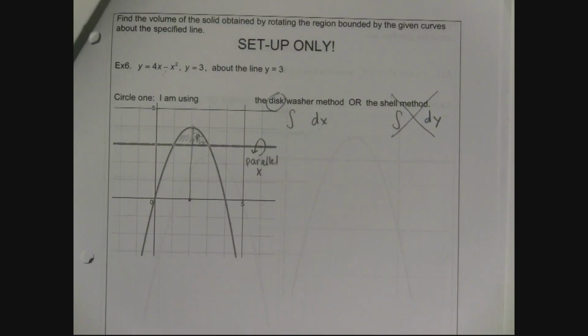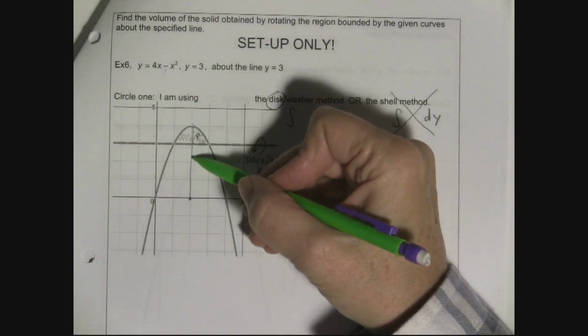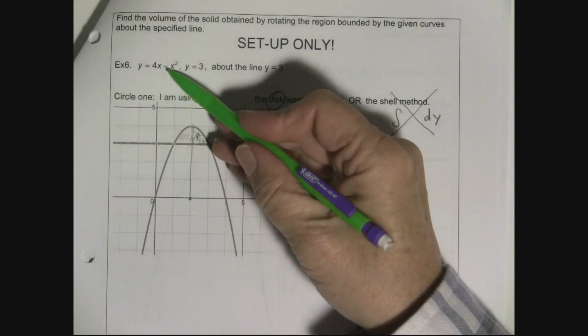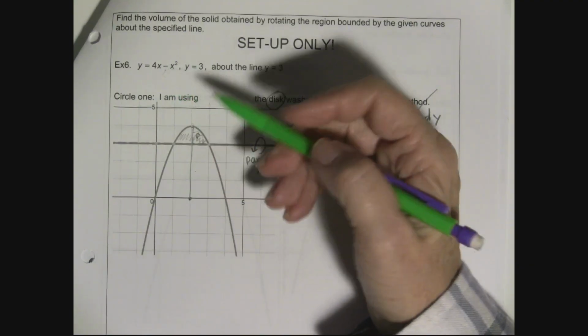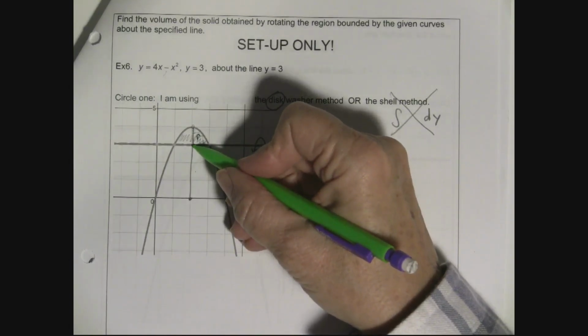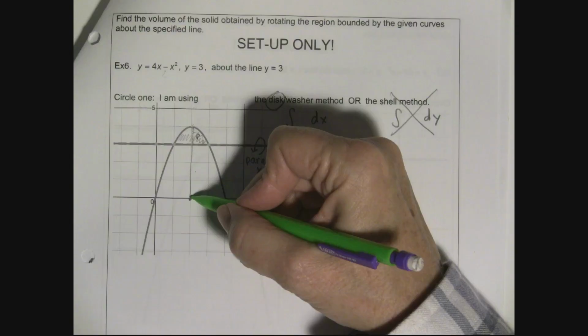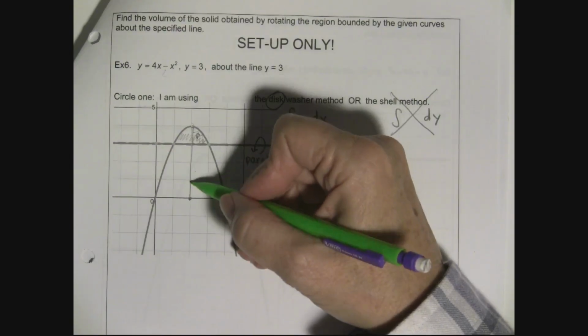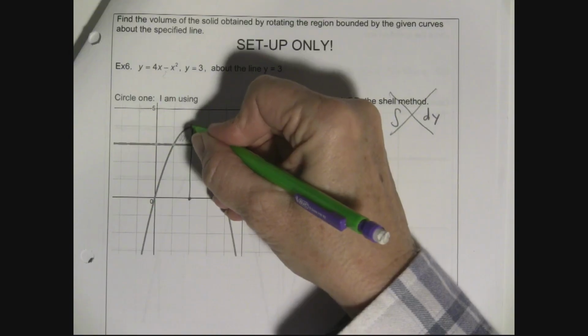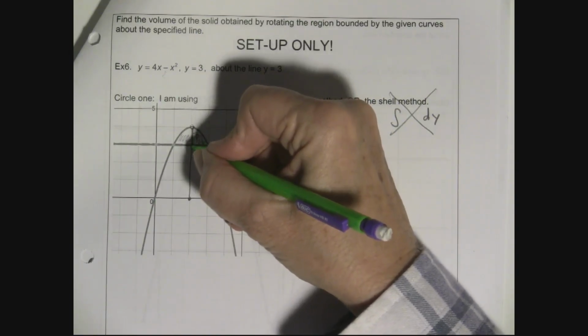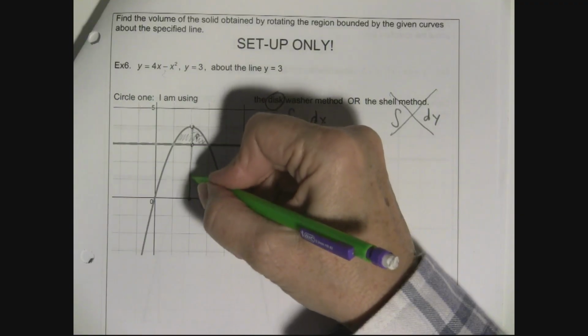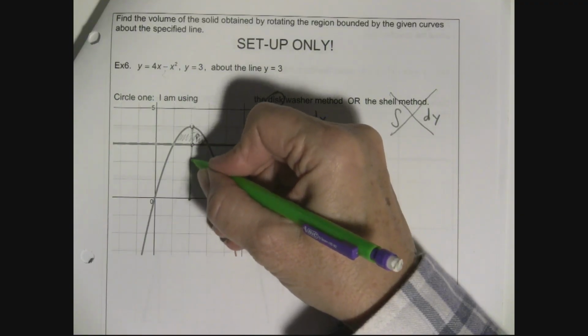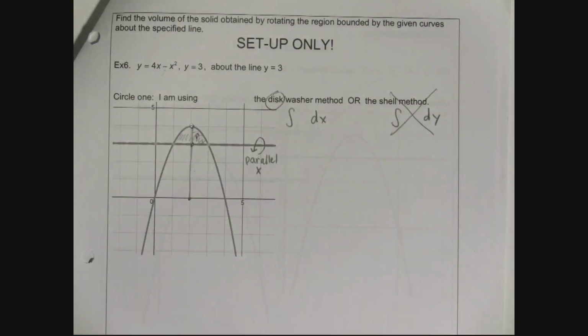Is this going to work to find r? So this whole thing is 4x minus x squared. I know the whole thing, but this part is r. And this part right here is y equals 3.